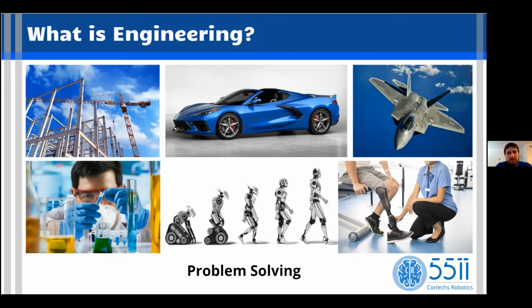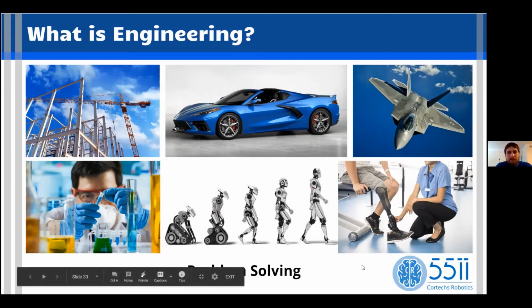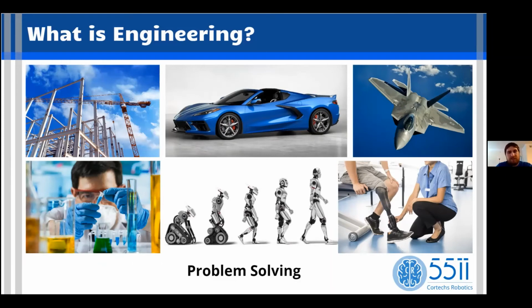There in the middle, you guys can see a bunch of different robots that look kind of cool. That takes a bunch of different types of engineering, but there's what's called electrical engineering. So electrical engineers work with electronics, wires, and circuit boards, and all sorts of stuff to build their solutions. And then in the bottom right, you can see a guy that's missing a leg and is getting a prosthetic leg.